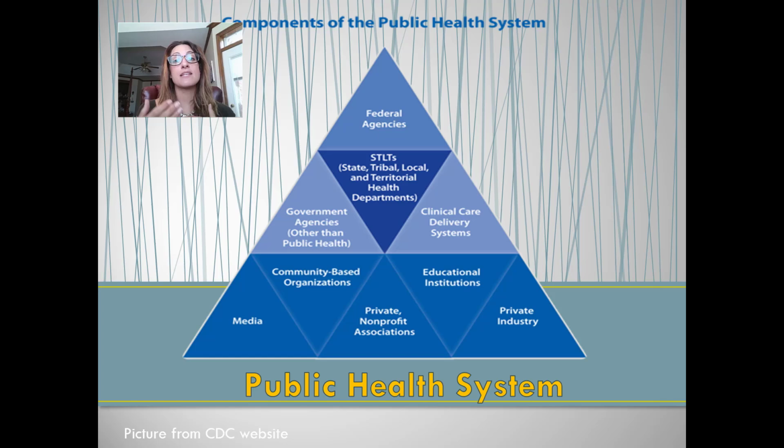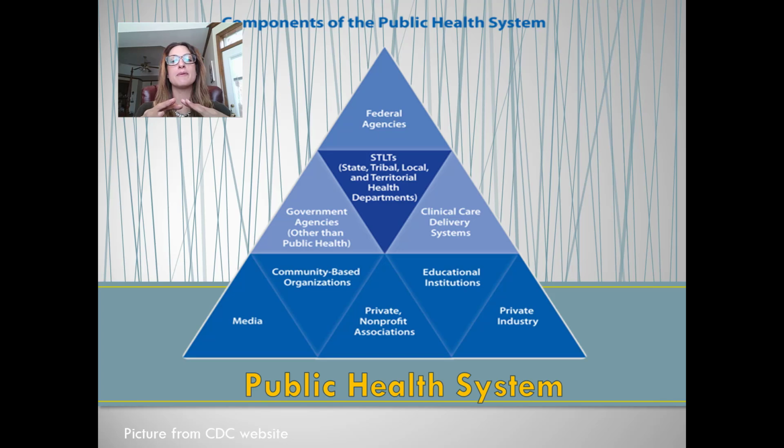And then next up, you're looking at what are some private nonprofit associations, the Red Cross, Komen Foundation, and ways they impact health, educational institutions, which after engaging in the health disparities lecture, you now see the importance of education, how that impacts health, but also there's school health, right? So how do we ensure that our children are healthy during their quote unquote job of going to school? And then there's also private industry. So these are all just different components of the public health system.